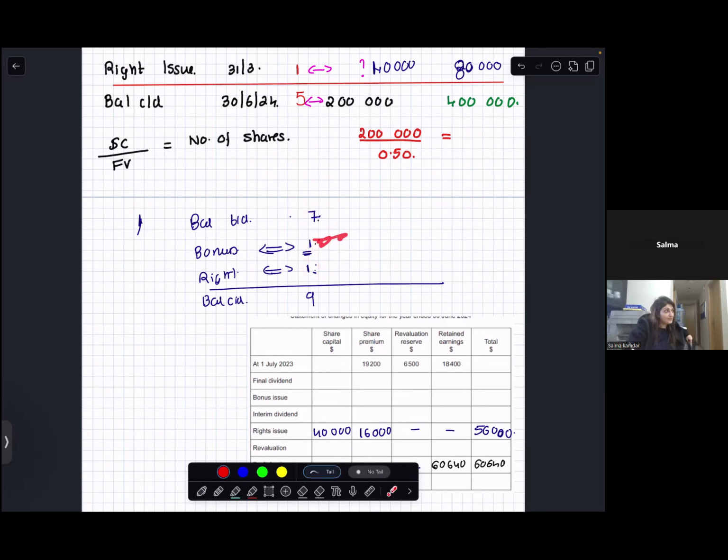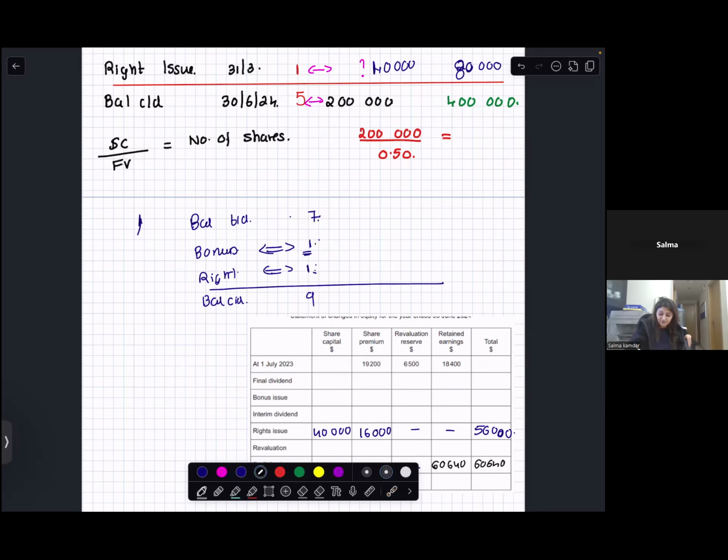So we establish the ratio to get the right? But still, if I'm calculating the total, one share was given as bonus for every 7 held. One share is given as right. So 7 was held, one bonus, one right, balance closed down becomes 9.